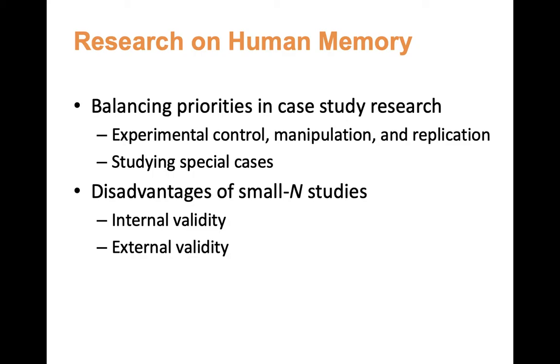Certainly, another disadvantage is external validity. As in the case of HM, but we can say more generally, patients in small n designs don't necessarily represent the general population very well. So we can't be sure whether the results from studies on patients that have had surgeries or brain lesions would apply to people that, in his case, didn't have a history of epilepsy.